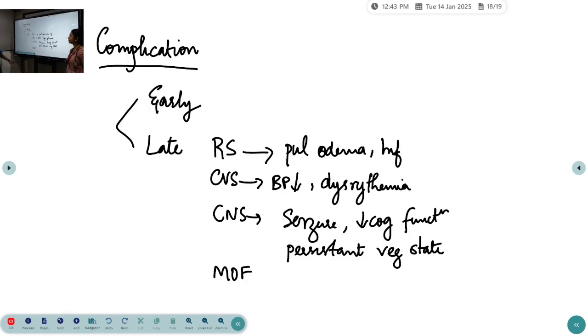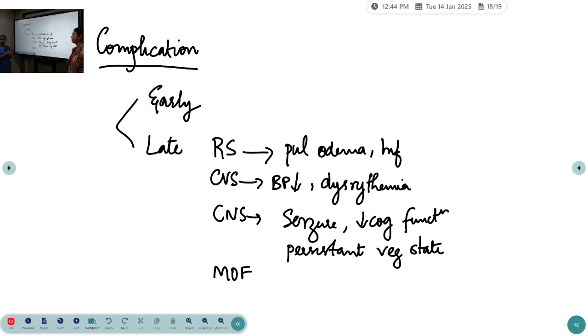Then coming to the complications, we have early complications and late complications. Early complications will be during the rewarming procedure. That is, we have already told the cold physiology, whatever happens in each system, those will be the early complications. And the late complications are post rewarming. In the respiratory system, as we have told, there will be pulmonary edema and infection.